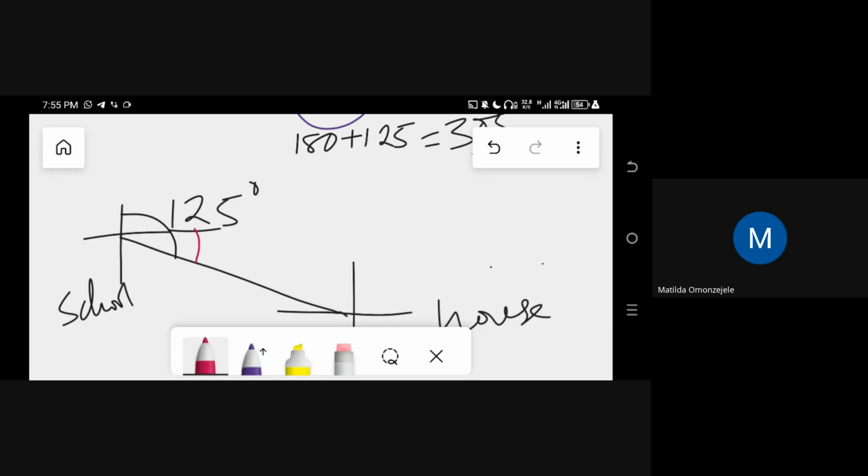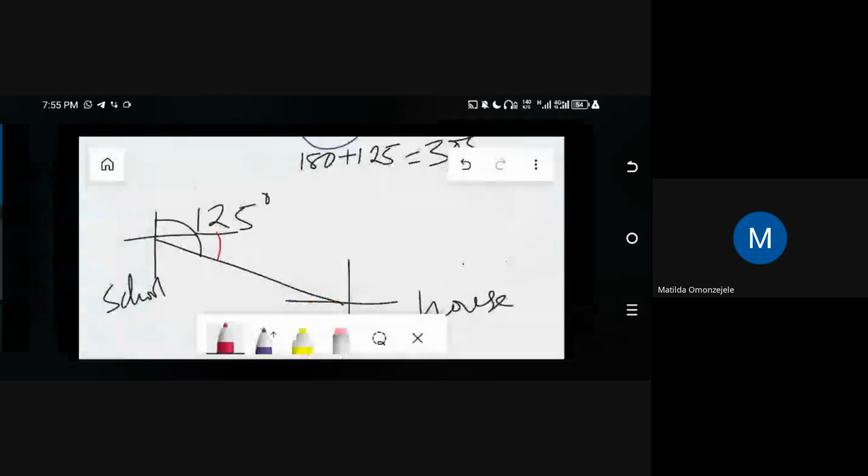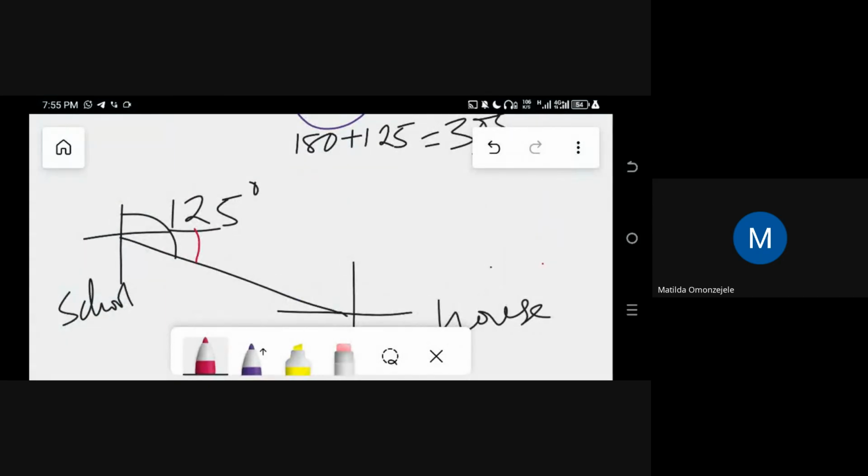What is only that small angle that I marked with red? Matilda, what do you think? 35 degrees. Matilda, very good. So if the full angle from north to that line is 125 degrees, then only this small place with the red will be 35 degrees.